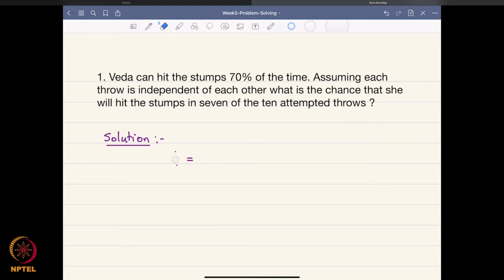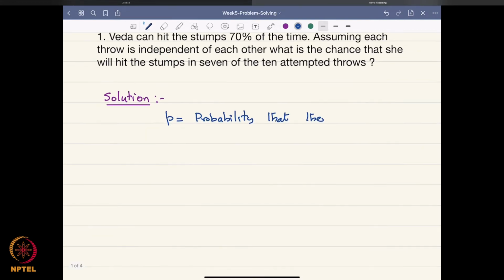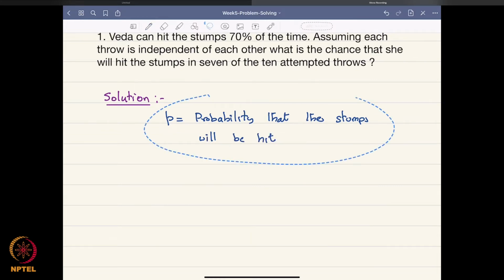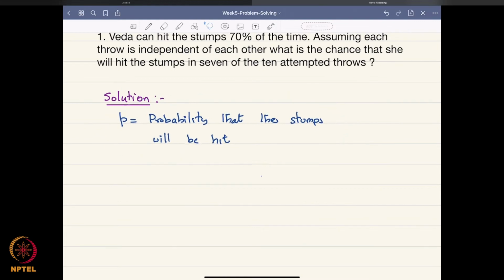P is the probability that the stumps will be hit. And this probability in the question is given to be 0.7, right?